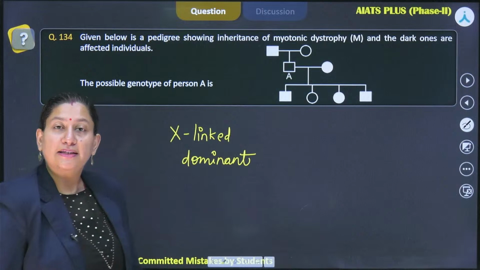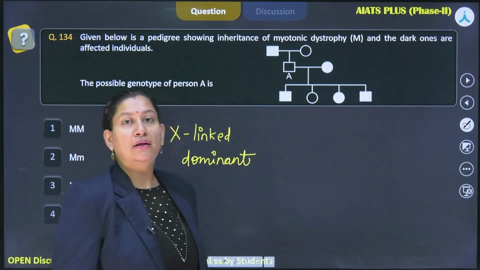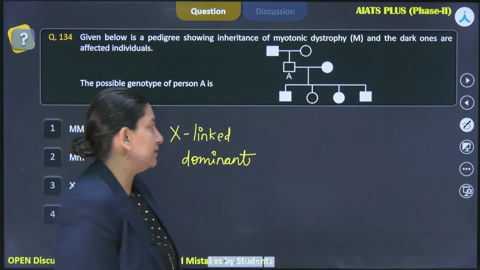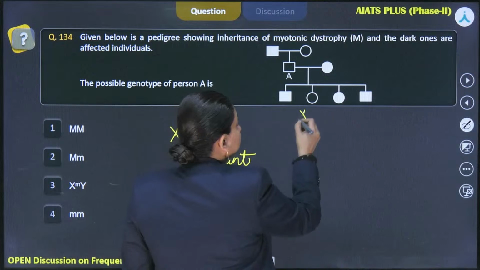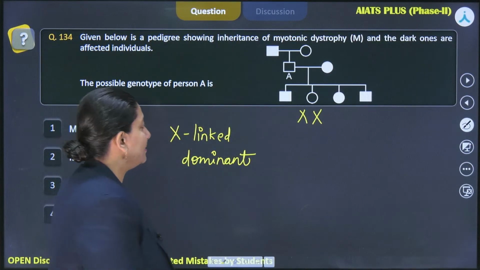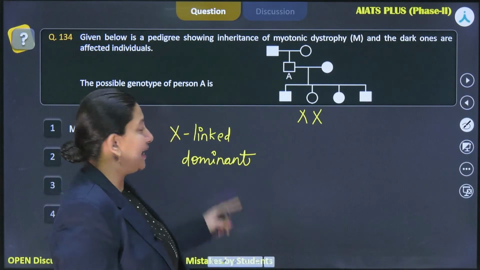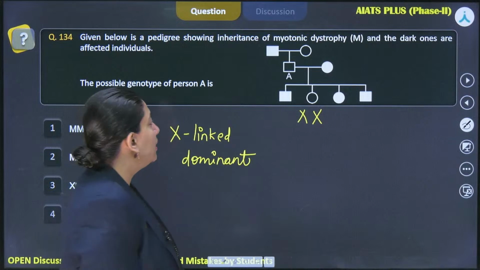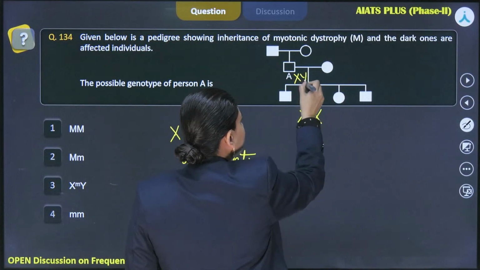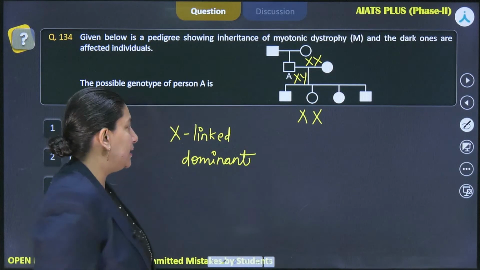If we are considering it's an X-linked dominant disorder, then the unaffected females would be showing the homozygous recessive genotype. So this particular female is going to be like this, XX, right? X would have the recessive one, and A would be the one that carries the disease. So this individual is going to be like this, and also going to be like this, right?